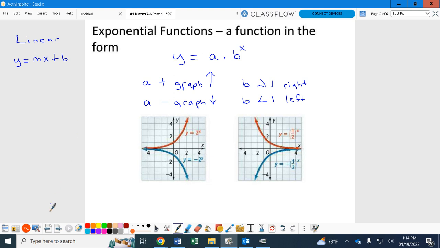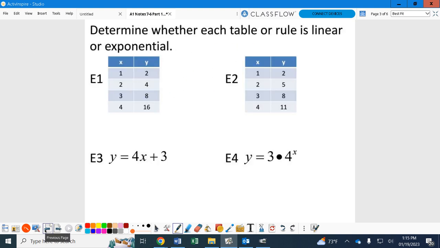Okay, here we go. So, from here, your goal is to decide, is this rule linear or exponential? We're going to tell you how you can recognize it in a chart. We should know for a table already, for linear, but let's take a look. Look right here. On this side, how much is it changing every time? It's going up 1 every time on this side.